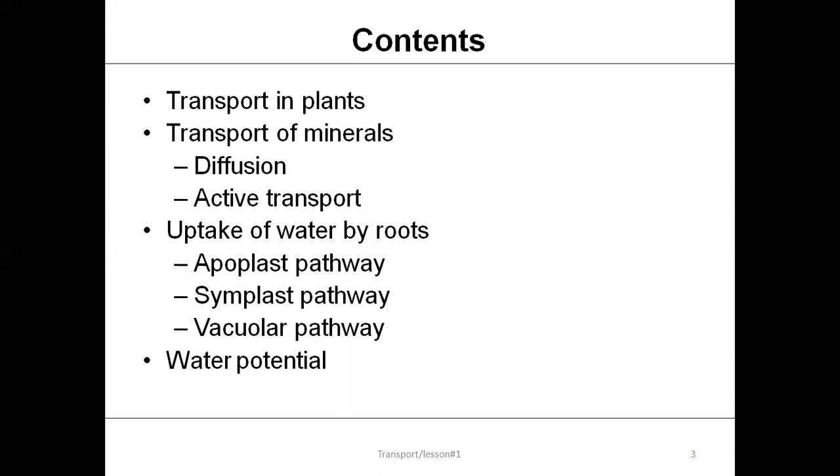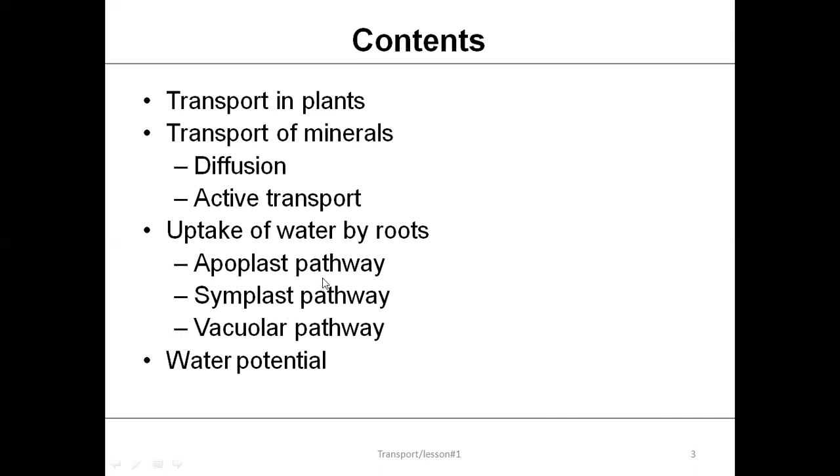Now, first of all, we will see how water is transported inside the plant body. Three basic methods are used by the plant, and you get this question off and on, how is water taken up by the roots of plants. So basically we have three main pathways. We will see the diagram of these pathways by which water is absorbed by the plant roots from the soil.